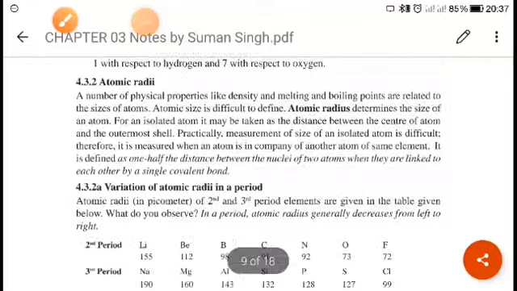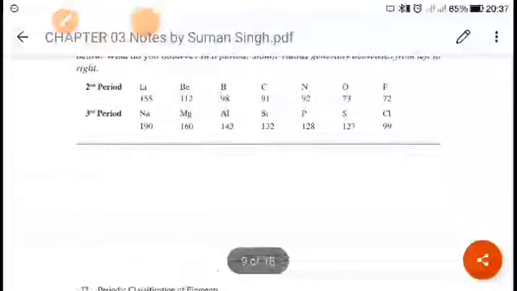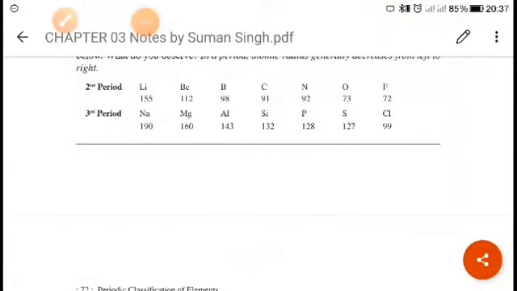Now next we will study van der Waals radius. What is this van der Waals radius? It is also defined as one half of the distance between the nuclei of two atoms of the same substance at their closest approach.